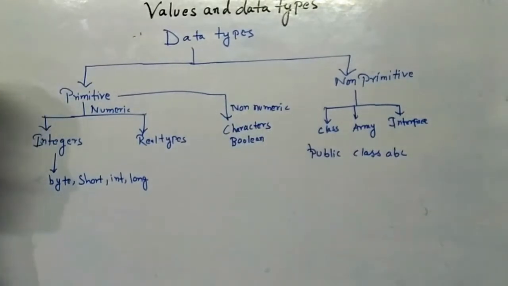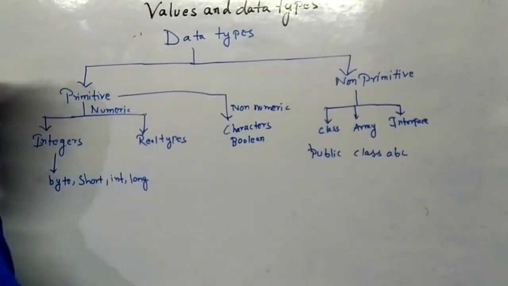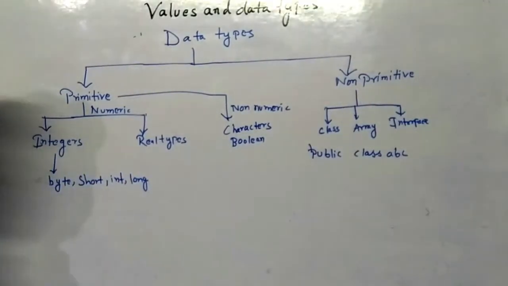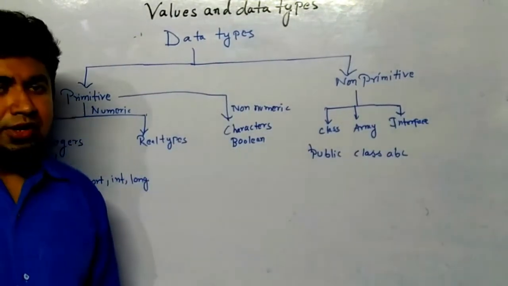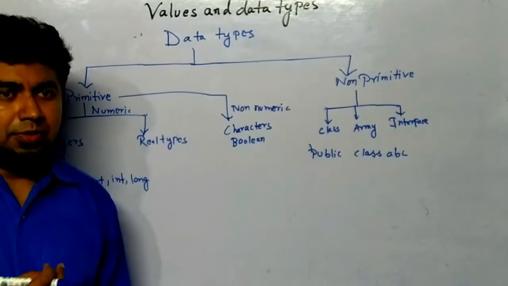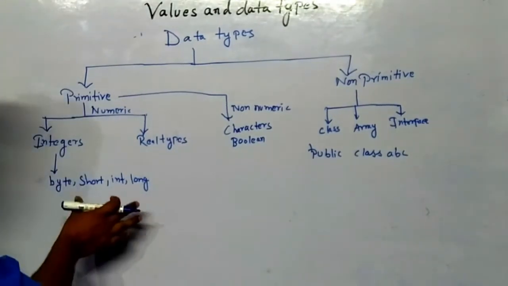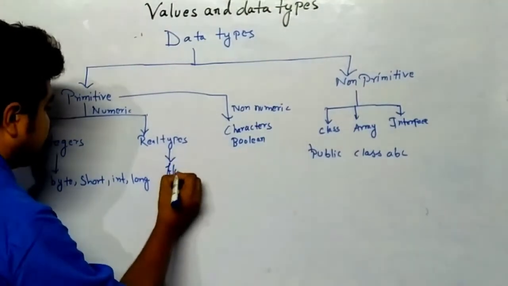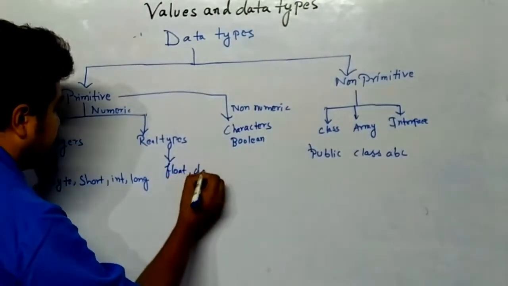Numeric means numbers. Now you must be thinking that numbers can be of one type, integer, and another, real type, because numbers can be only integers or can have a decimal part also. Some can be of integer type or can be of floating as well as double type.